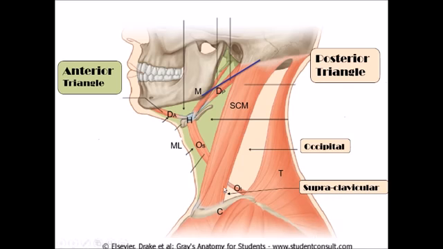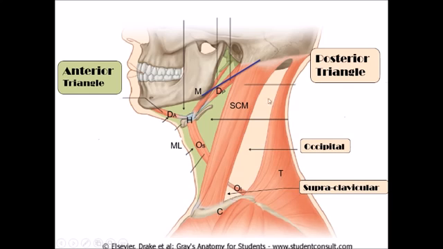These two triangles are formed in the posterior triangle by a muscle called the inferior belly of the omohyoid. This inferior belly divides the posterior triangle into a larger triangle, the occipital triangle, and a smaller triangle, the supraclavicular triangle.